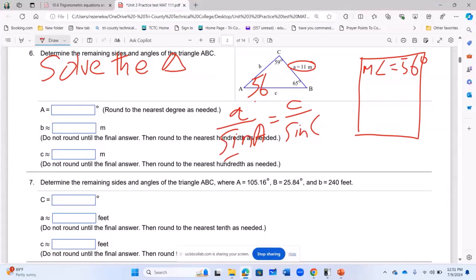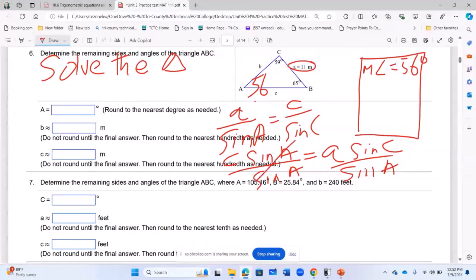So I can actually say C sine A is equal to A sine C. And then, because I'm looking for C, I divide both sides by sine A, and this cancels.